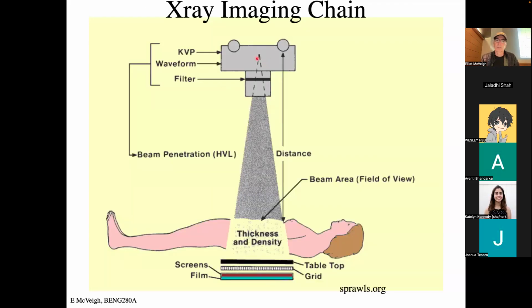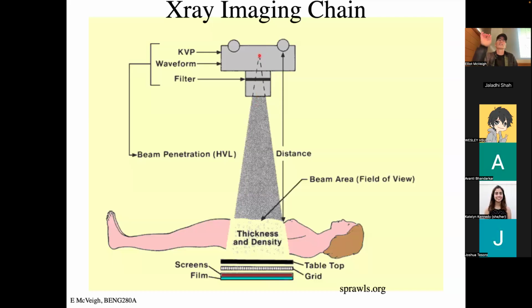So let's review our system that we've got here. We have a source of X-rays, and this is that cathode boiling off electrons, hitting an anode target, creating a beam of X-rays. It actually creates X-rays in all directions, but we're just going to allow them to exit this box through this hole. Okay, so they're all just coming out here.